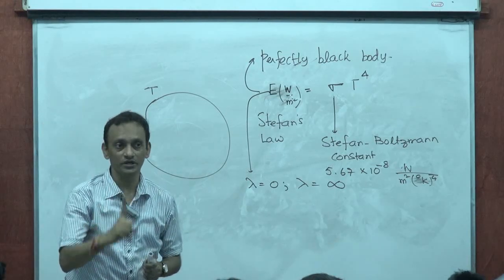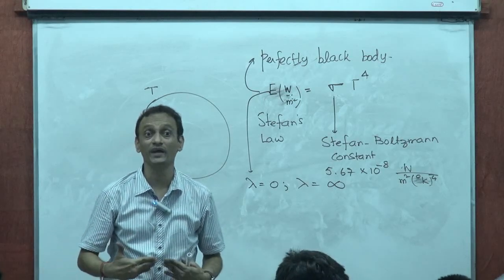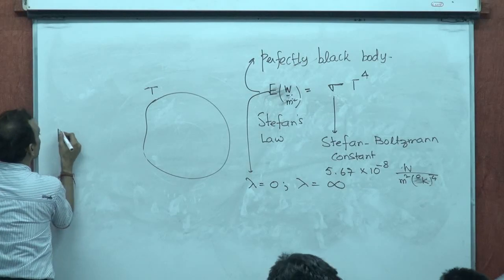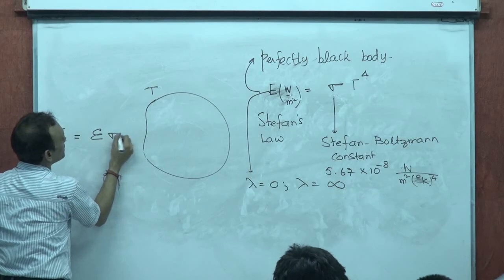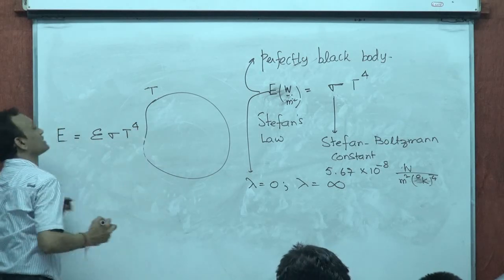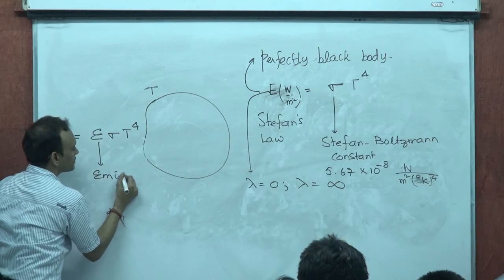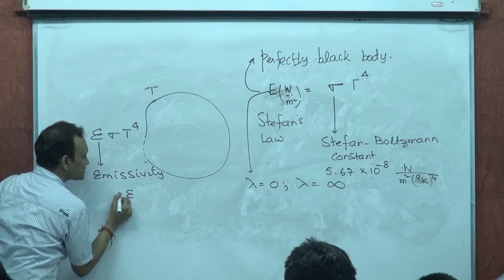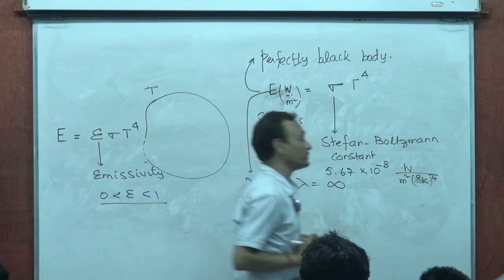However, this is only a perfectly black body. Real bodies, when they are at absolute temperature T, would not emit sigma T to power 4, but epsilon sigma T to power 4, where epsilon is the emissivity of a real body, and it lies between 0 and 1. Epsilon equal to 1 for a perfectly black body.